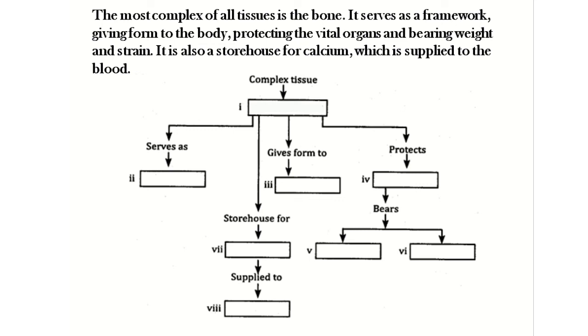Here is one more. The most complex of all tissues is the bone. It serves as a framework giving form to the body, protecting the vital organs and bearing weight and strain. It is also a storehouse for calcium which is supplied to the blood. Here the complex tissue is bone. It serves as a framework of the body.